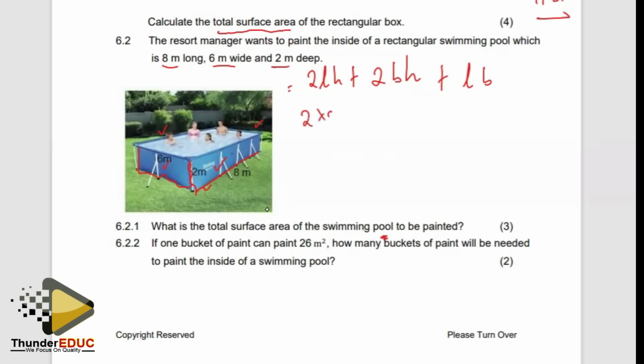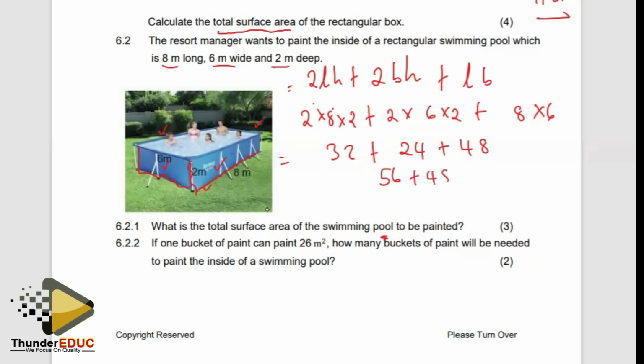So it's going to be 2 times 8 times 2 plus 2 times 6 times 2, and then plus the length, 8, times the breadth, 6. Multiplying this, we have 32 and 24 plus 48, that's going to be 56 plus 48, which is 104 meters squared. So this is how much he needs to paint.